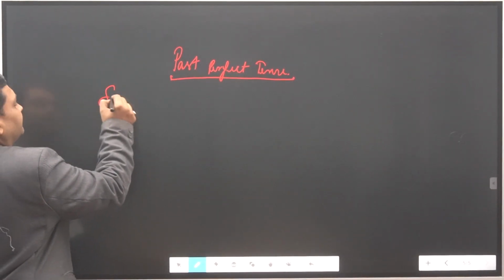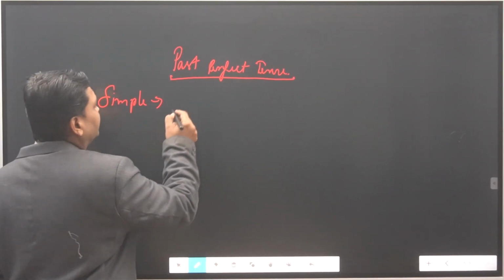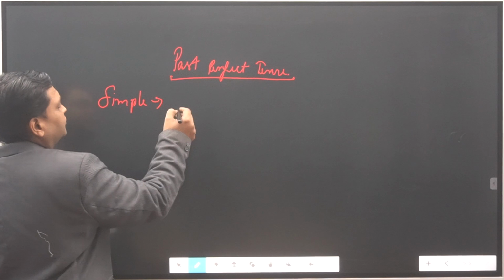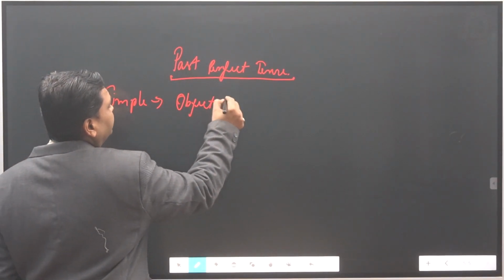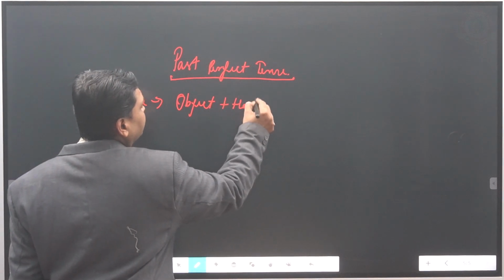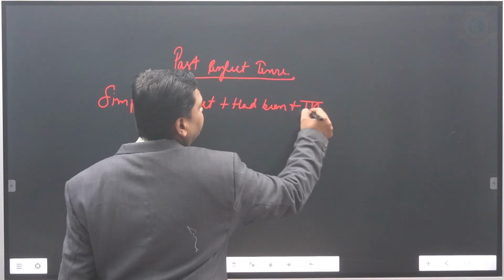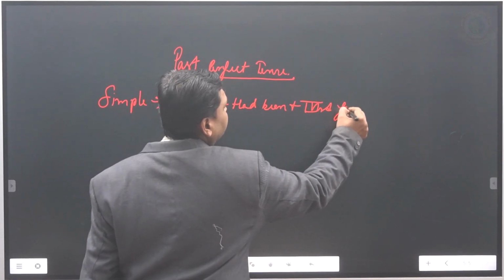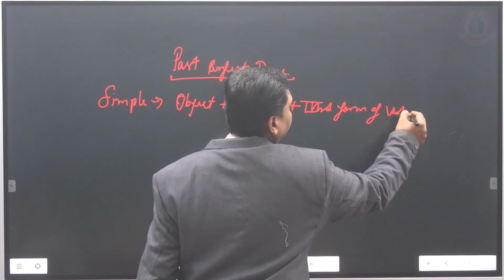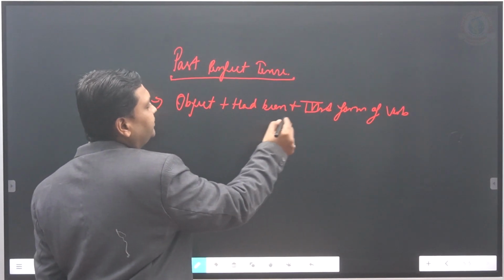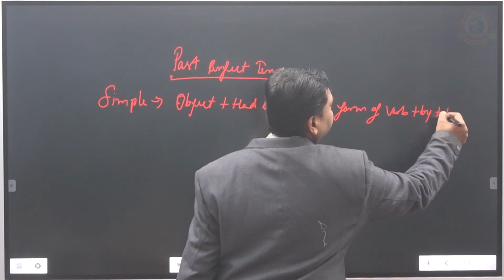In passive form, if the sentence is in passive voice, the structure would be like that: object plus had been plus third form of verb plus by plus subject.